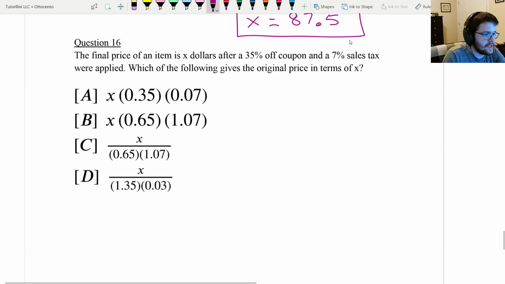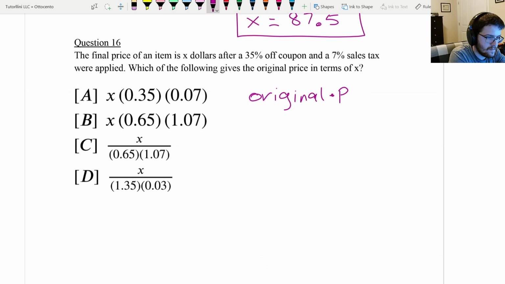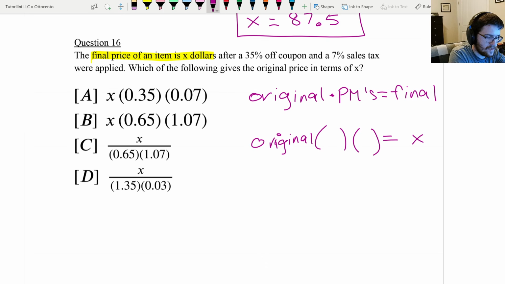So the final price of an item. Okay, so original. Okay, so the final price of an item is X. Okay, so let's put X where final goes. We want to find the original price. I'll just put original. And now we got to do the percent multiplier.